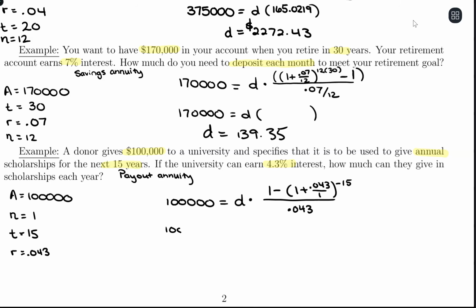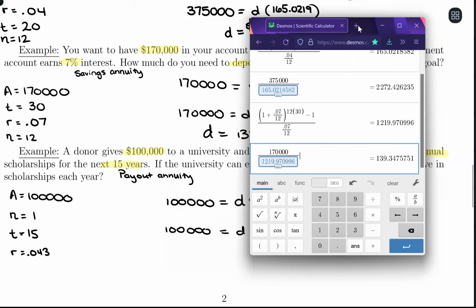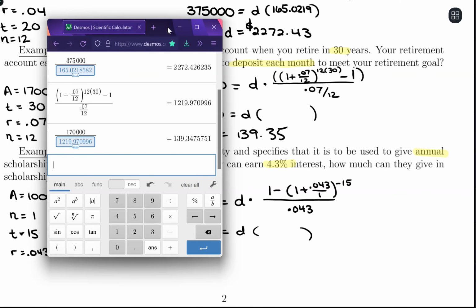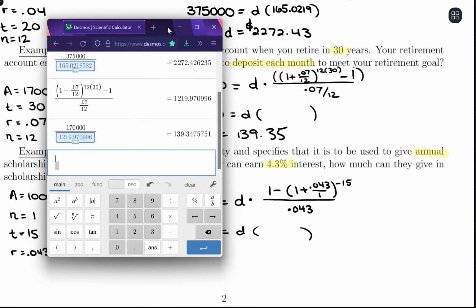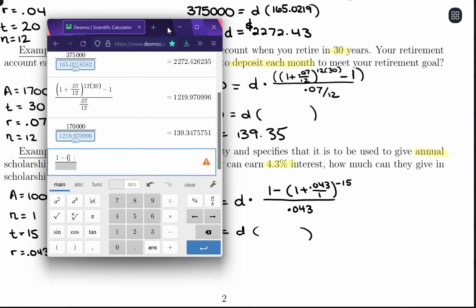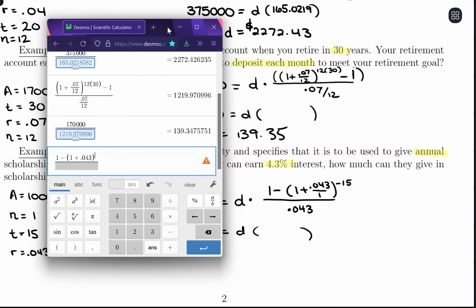All right, so 100,000 equals D times a value coming from our calculator. So let's go ahead and plug in. We'll have 1 minus 1 plus 0.043 to the negative 15 all over 0.043.